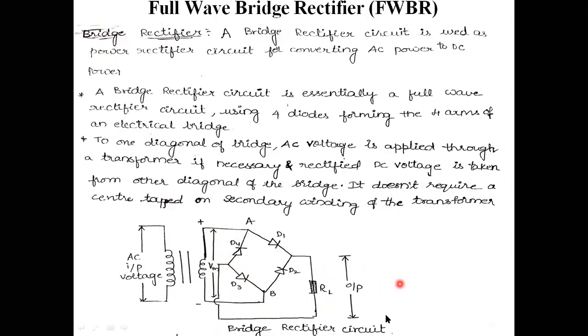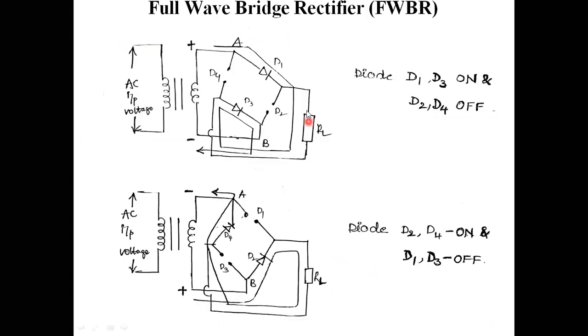The same diagram I am representing in another notation, with respect to the positive half cycle as well as the negative half cycle. We will see that. This is the diagram with respect to the positive half cycle. That means this terminal A is more positive, and across this B terminal it is negative.